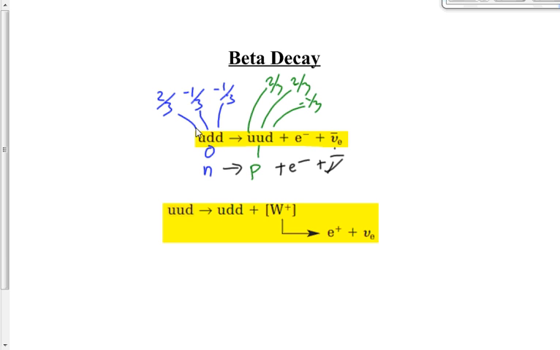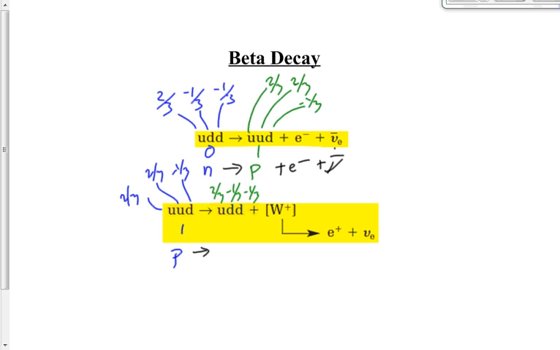The bottom one here, what do we got here? Well, UUD. U is 2/3, 2/3, and -1/3. We add those up, what's that give me? +1. That's going to be a proton, right? What's a UDD? That's going to be 2/3, -1/3, -1/3.